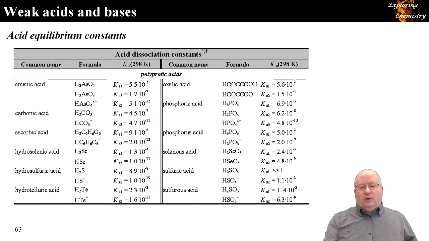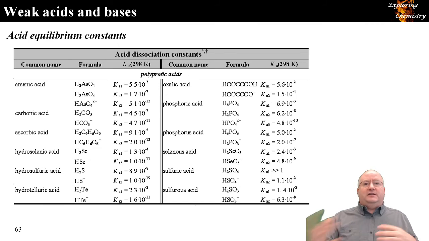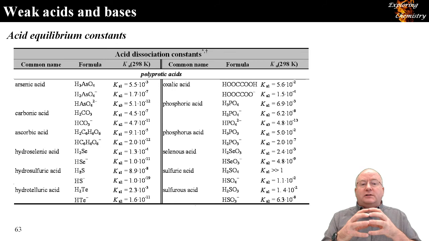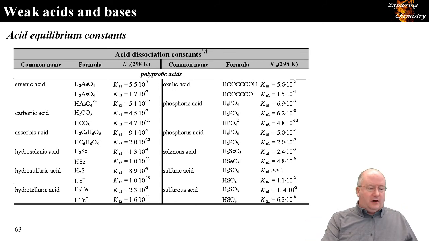This is something that you look up. It's not that difficult. If you happen to find a different Ka value, that's fine. You solve the problem with that Ka value. It's just a realization that different scientists, when they measure these things, for whatever reason, may have a systematic error in one or both of their experiments. Generally, they're close. Sometimes they're not so close, but generally they are close.